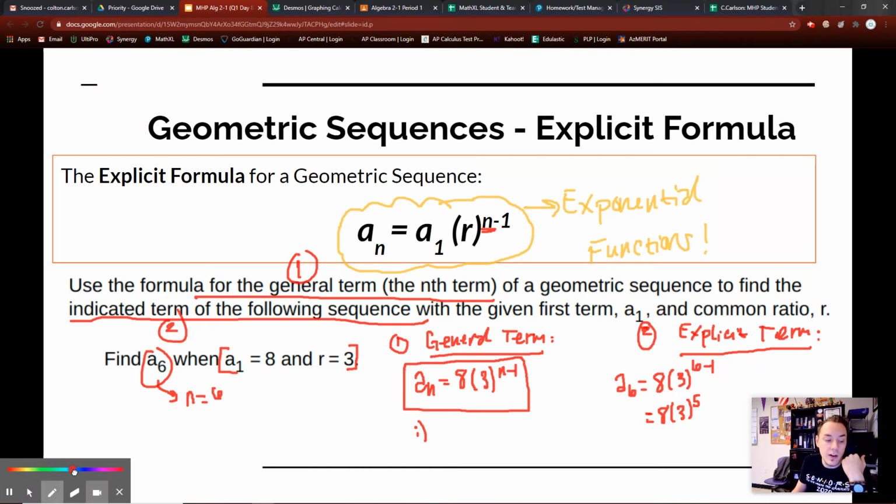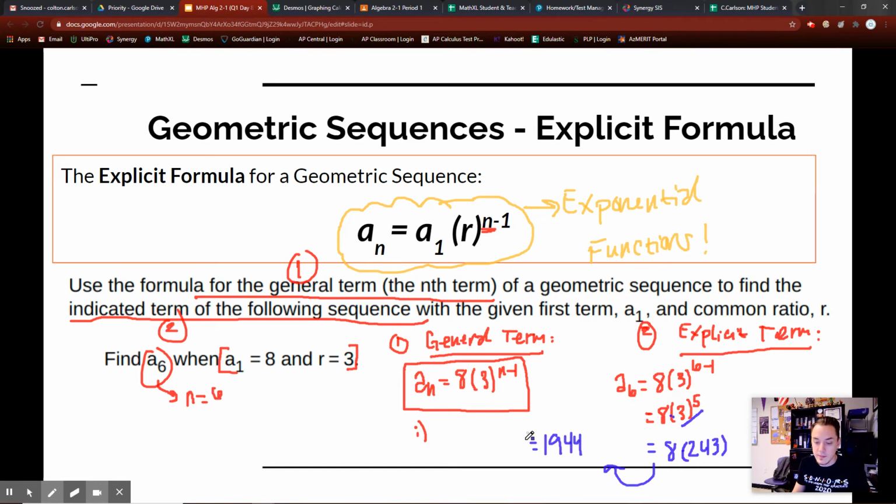What you need to do first is 3 to the 5th power, which is only 243, so it's moderately big, and then times 8. If you want to put parentheses here, you can. What is that answer? That answer is 1944.